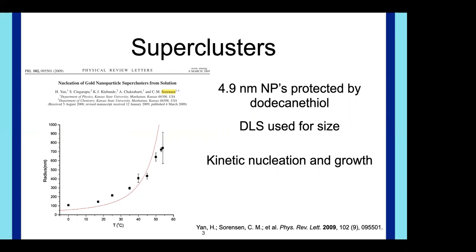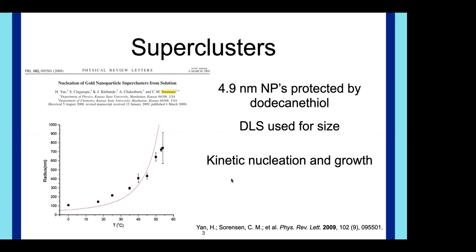They would heat it up to 65 degrees Celsius and then do a quick temperature quench down to, in this case, 0, all the way up to 54 or so, and see what kind of superclusters would form over that time. They probed this using dynamic light scattering for the size of the superclusters formed.